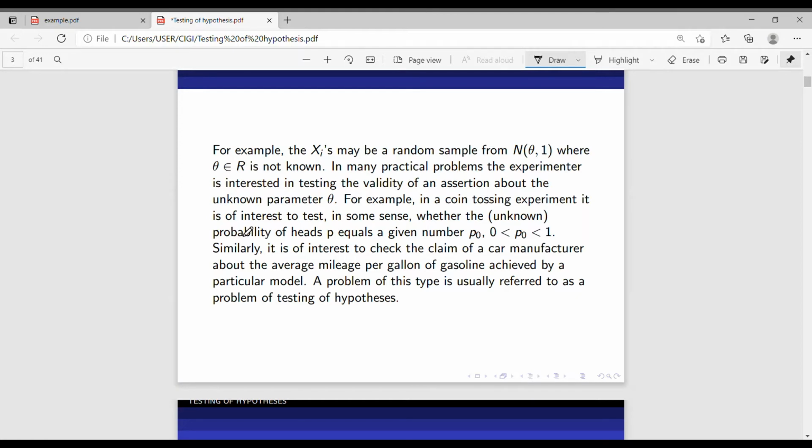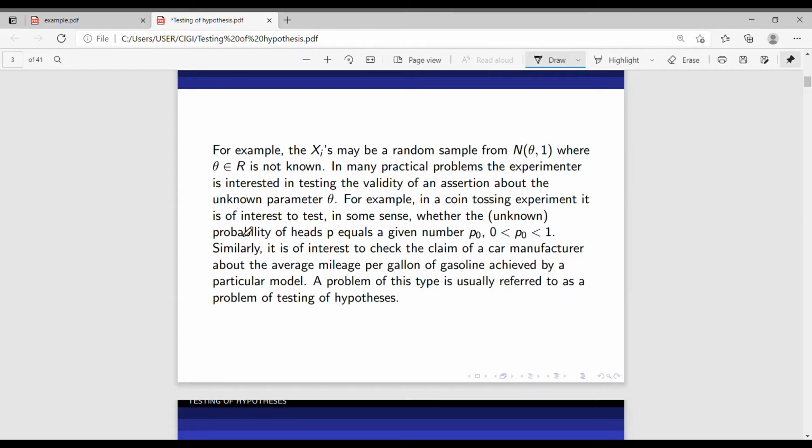So a problem of this type, that is, we are testing a statement about the parameter theta, whether P equals P naught, or P equals 1 by 2, that is, the probability of head is equal to 1 by 2, or it is less than 1 by 2, or equal to some other value. A problem of this type is usually referred to as a problem of testing of hypothesis.